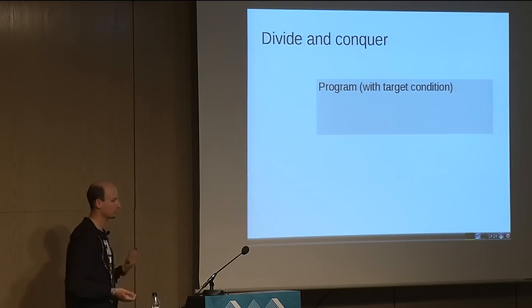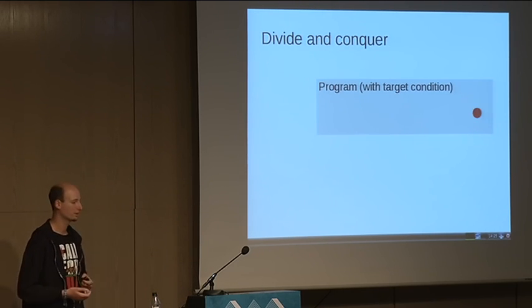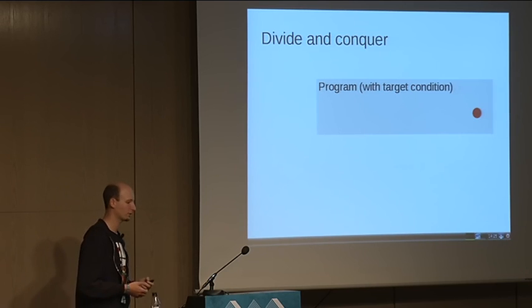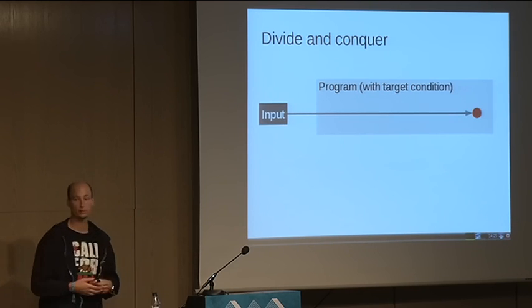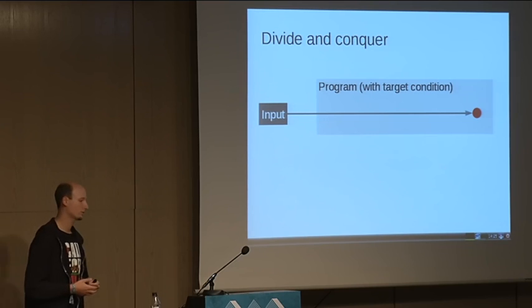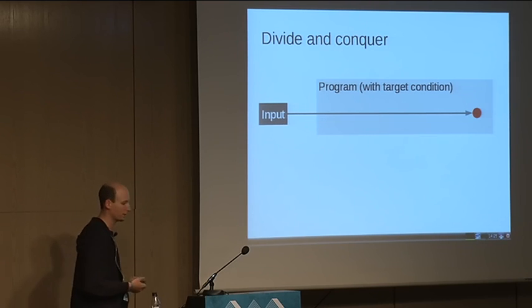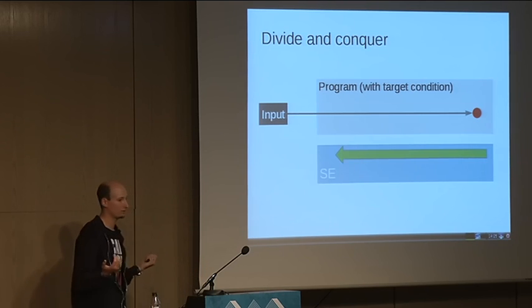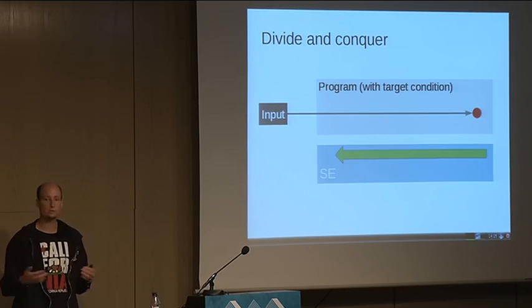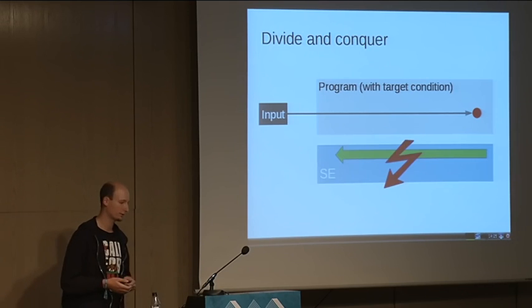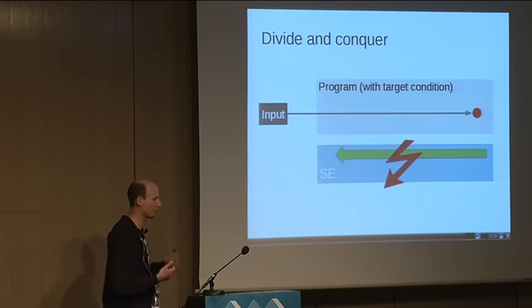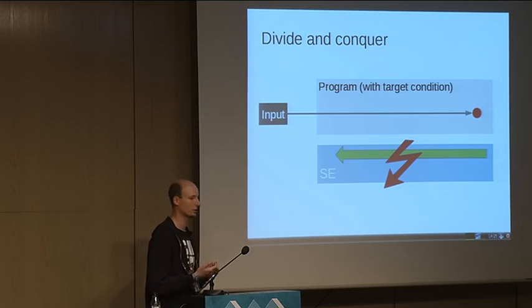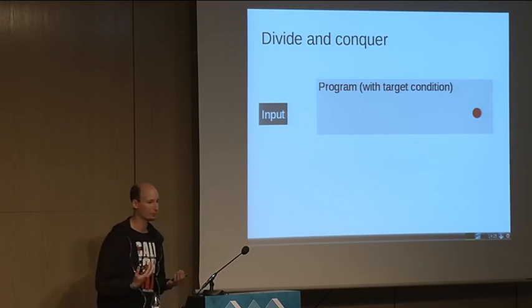So we have the same abstract program with a vulnerability condition as we had in our motivation. And we know that the input flows through that application to reach the vulnerability point in the end. But this time, we know that just using one symbolic execution process is not going to work. It's going to run into state explosion, and we're not going to be able to produce anything interesting. So we actually have to take a different approach.